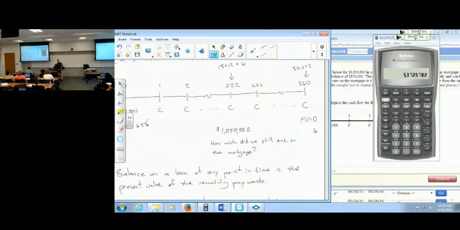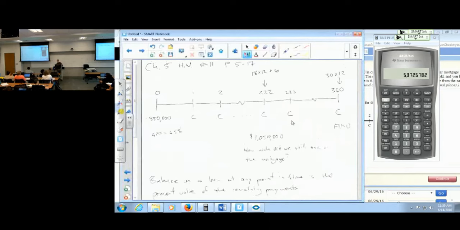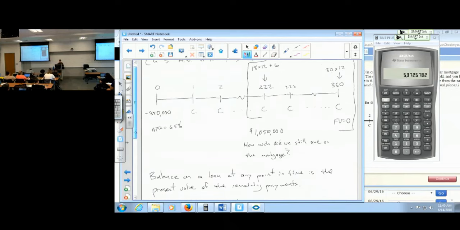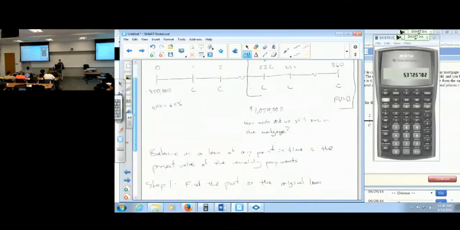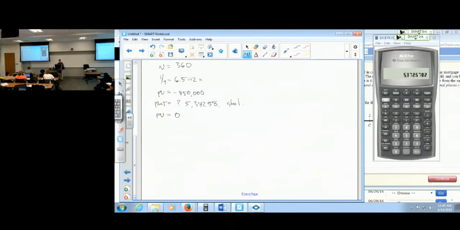Okay, so I've got the payment on the original mortgage. Now what I want to do is look at what's left. We want to find the balance on the loan, which is the present value of the remaining payments. So I'm going to take this chunk of the timeline right here and pull out and look at it separately. All right, so month 222 to month 360. Right, so month 222 is now where we're at today, right?